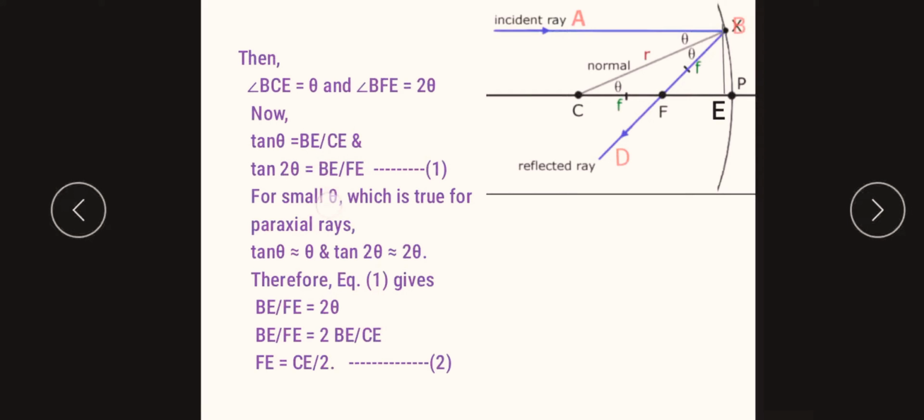But for a small angle, tan 2 theta is considered as only 2 theta. Hence, BE by FE is equal to 2 theta, equation 2. Tan 2 theta becomes 2 theta only. Hence, BE divided by FE is equal to 2, keep as it is.